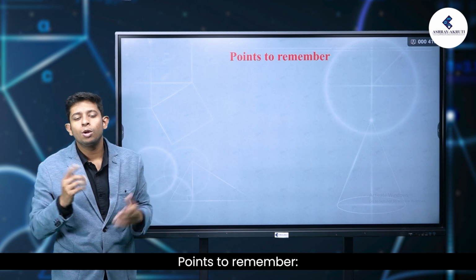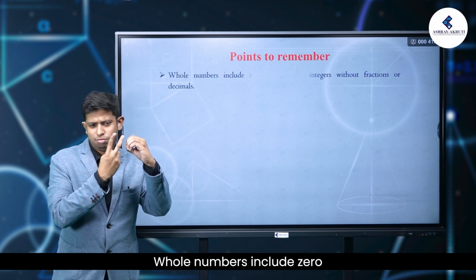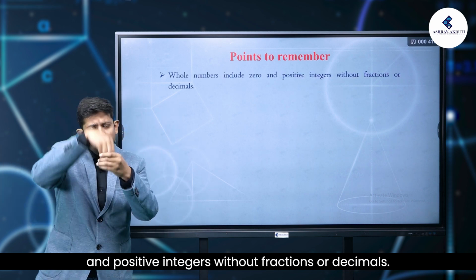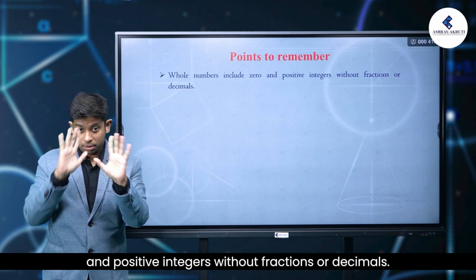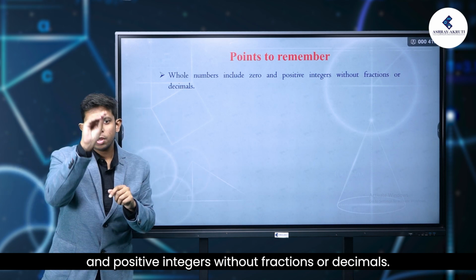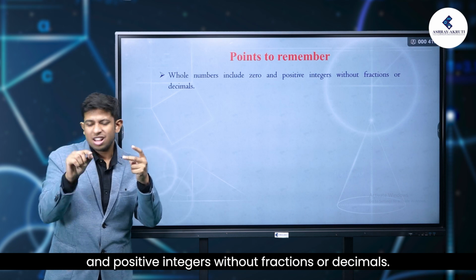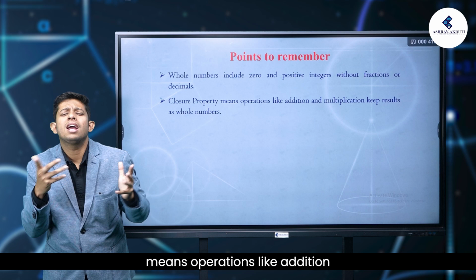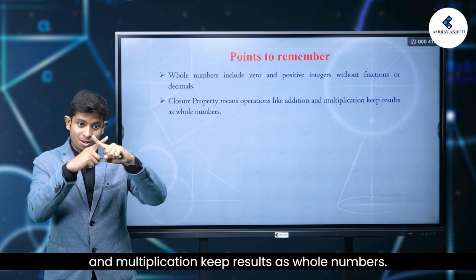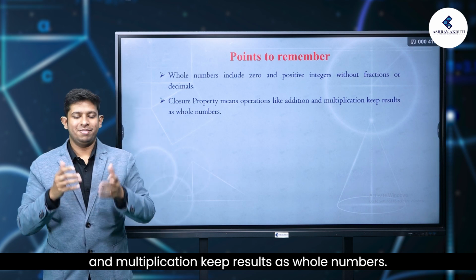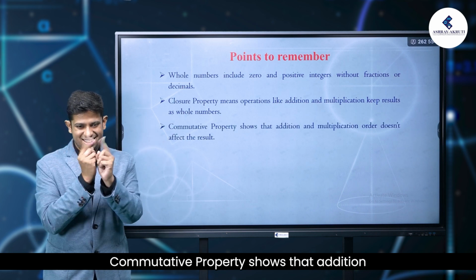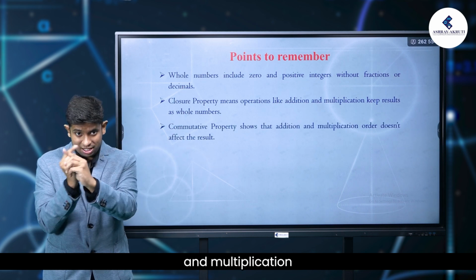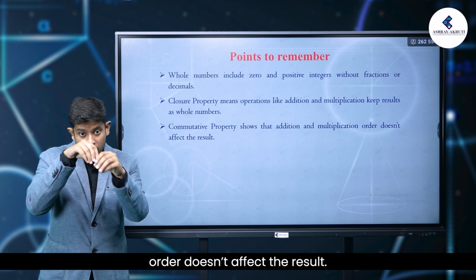Points to remember. Whole numbers include 0 and positive integers without fractions or decimals. Closure property means operations like addition and multiplication keep results as whole numbers. Commutative property shows that addition and multiplication order doesn't affect the result.